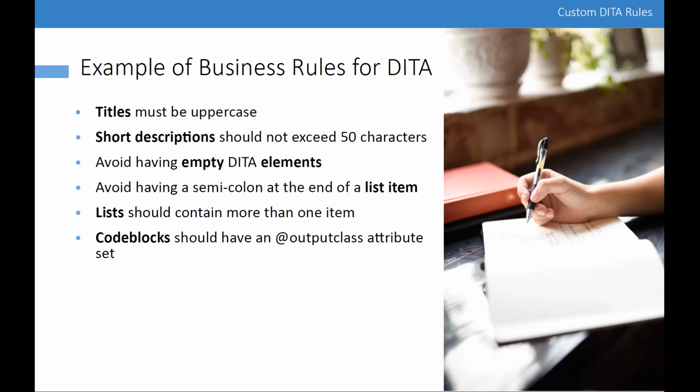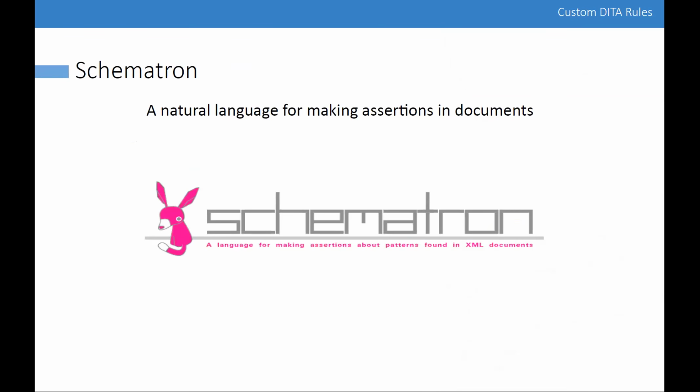So you want to keep the short description short in your documents, right? There are other business rules that you can add to a DITA project, such as elements being empty, lists that contain only one list item, or code blocks. We'll discuss these rules later.